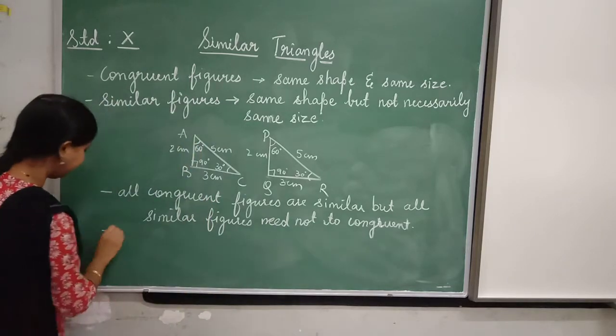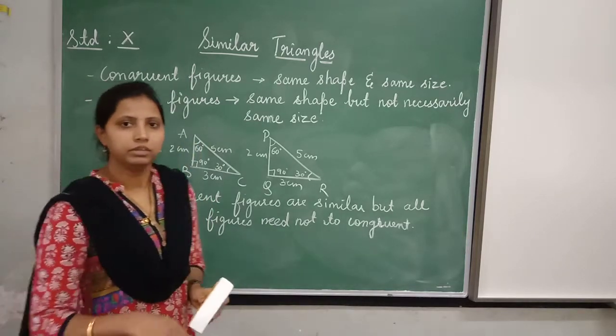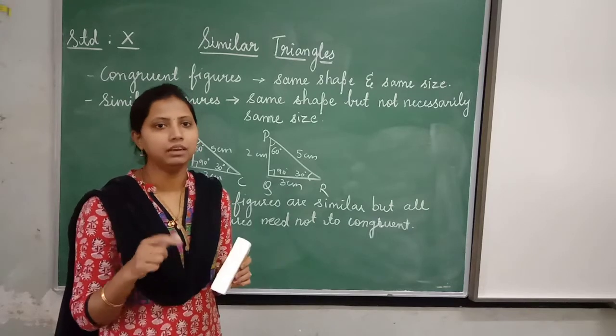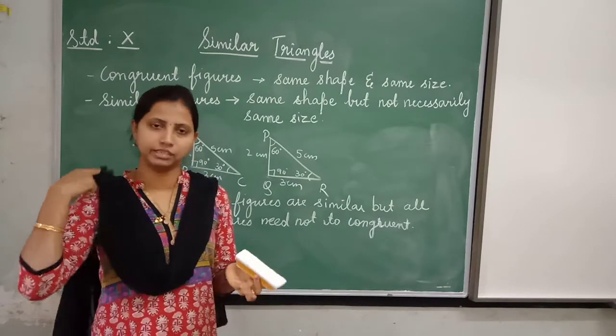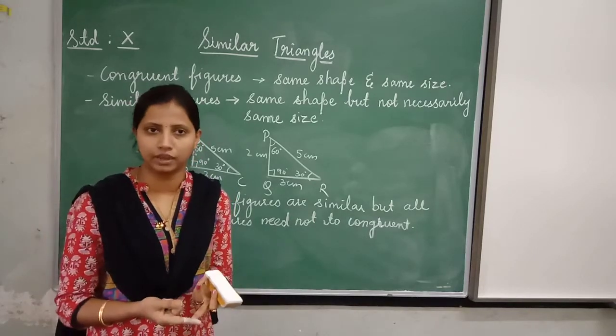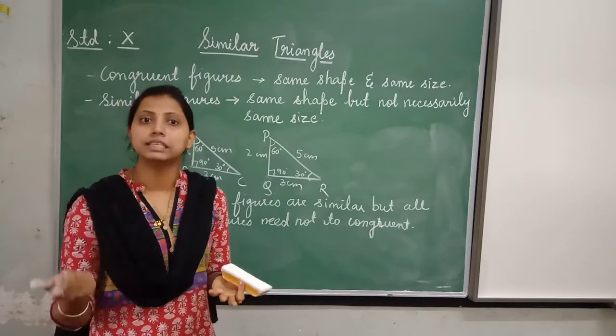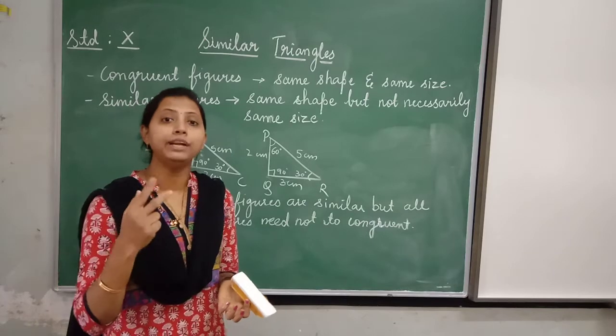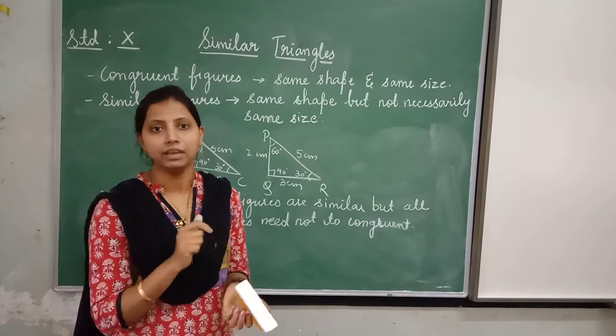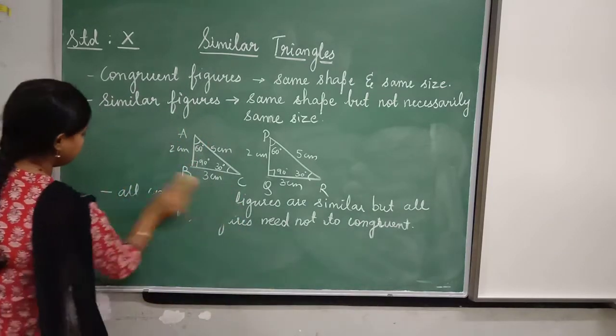Now one more thing, about polygons. A polygon can contain any number of sides: 3 sides is a triangle, 4 sides is a quadrilateral, 5 sides is a pentagon, 6 sides is a hexagon. So when are two polygons said to be similar to each other?